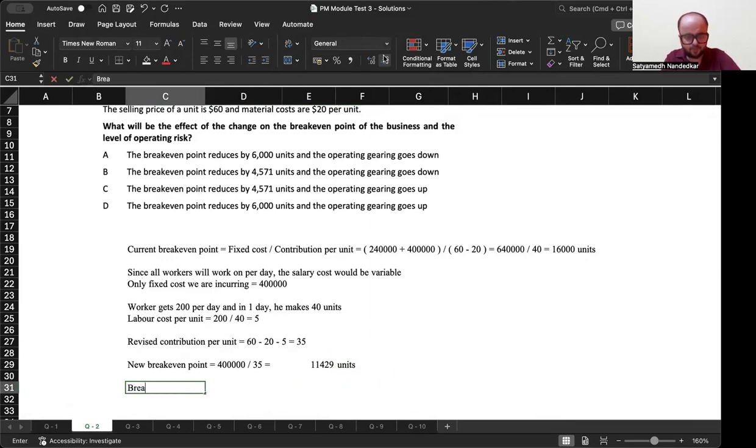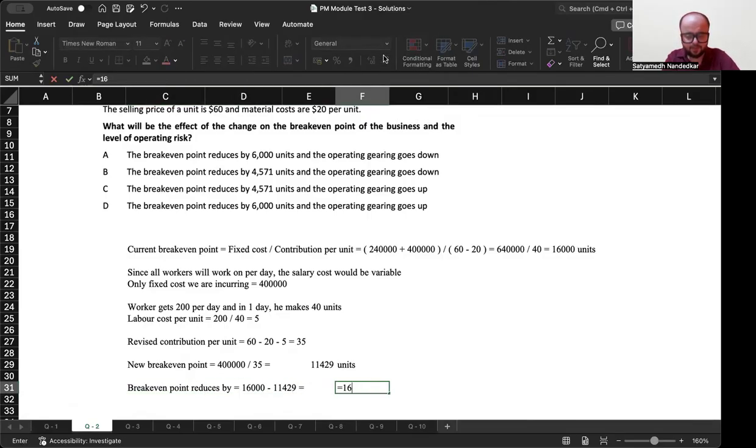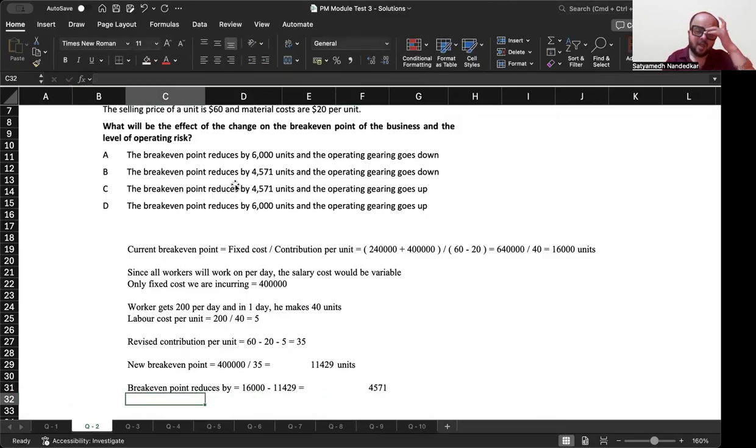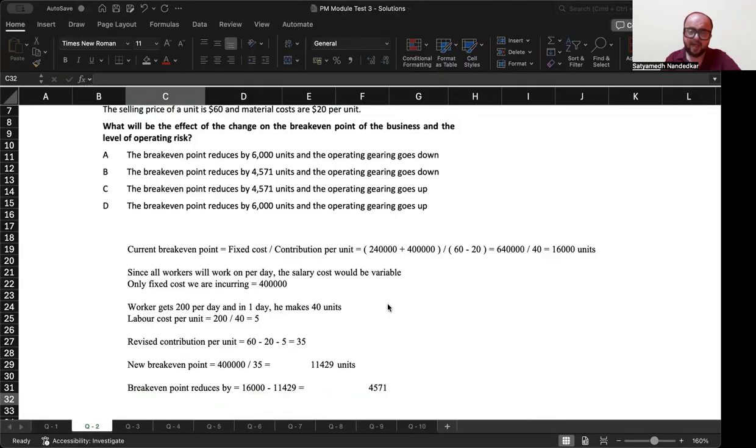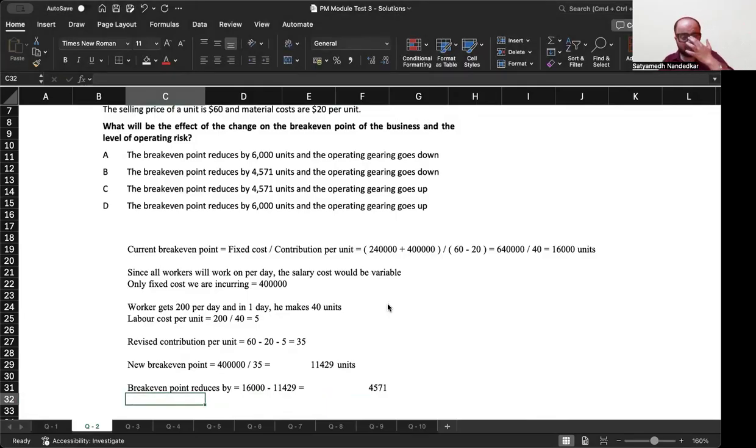So the break-even point reduces by how much? 16,000 minus 11,429, which is 4,571. The break-even reduces by 4,571 units. So that means option A and option D are ruled out, and the break-even point reduces by 4,571.